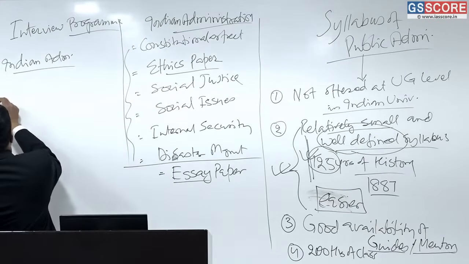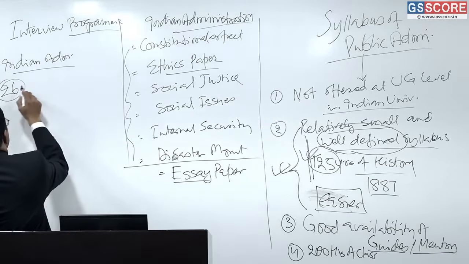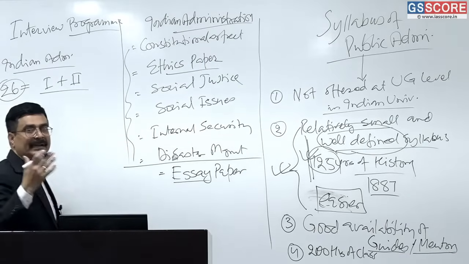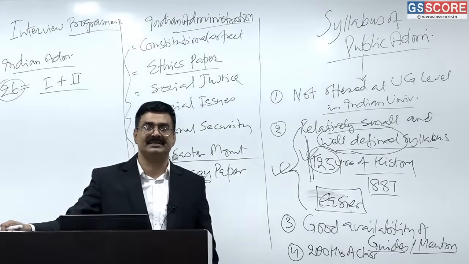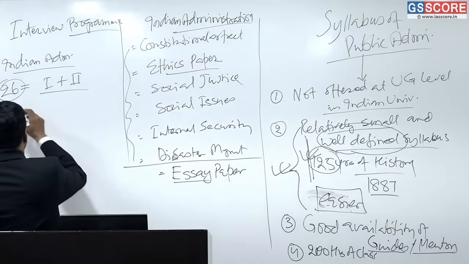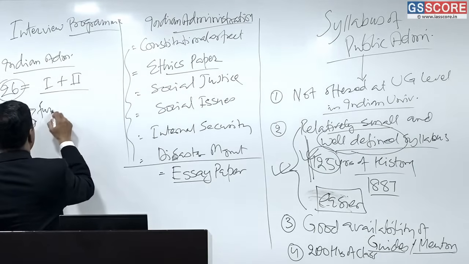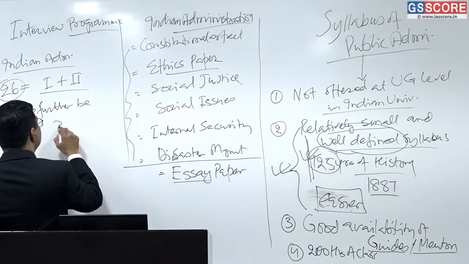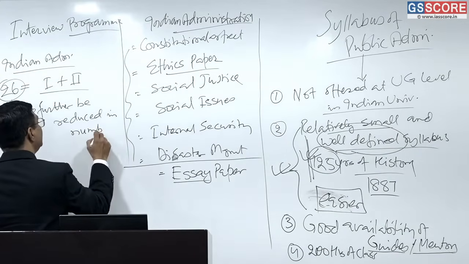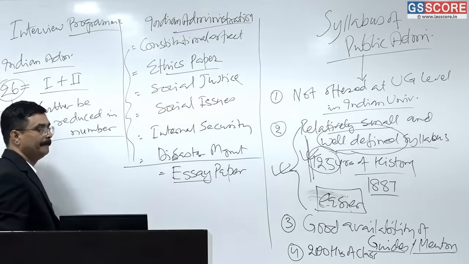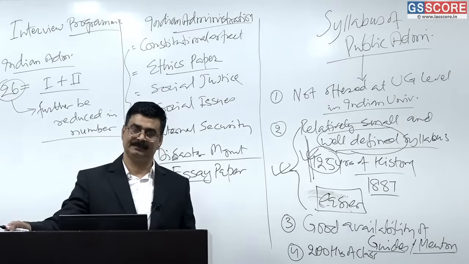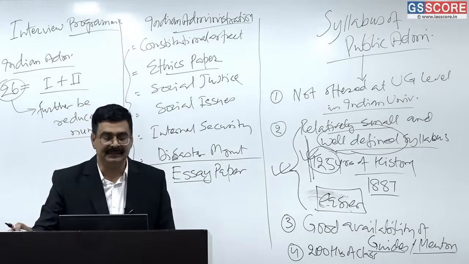Public administration has got altogether 26 topics, 26 units in paper 1 and in paper 2, if you have gone through the syllabus of public administration. And these 26 topics of paper 1 and paper 2 can further be reduced in number because of that integrated study mechanism that we adopt in the classroom.